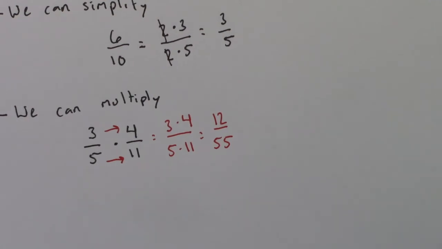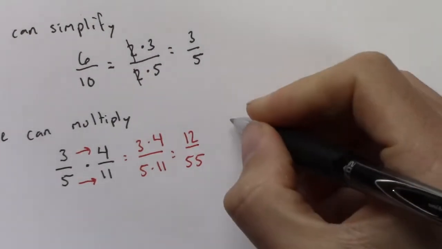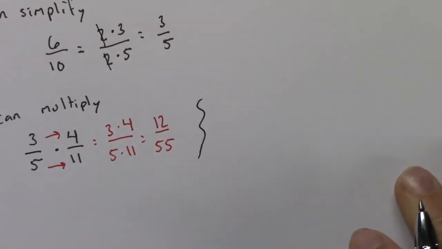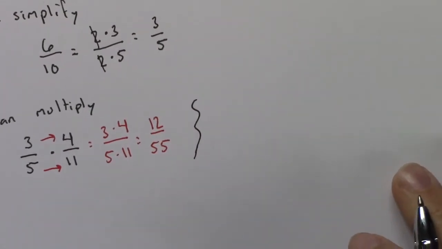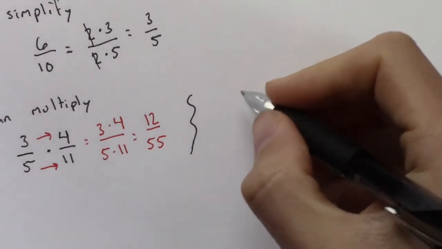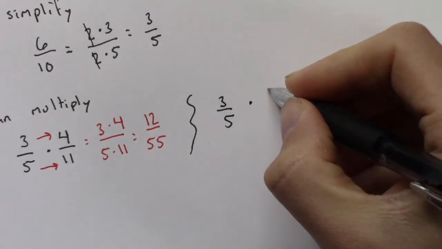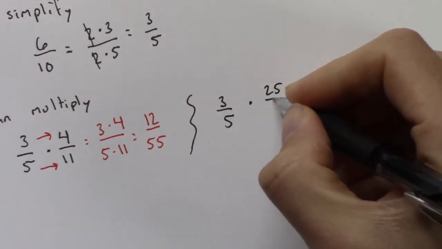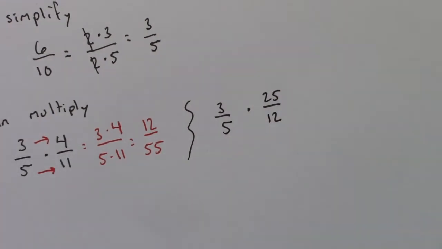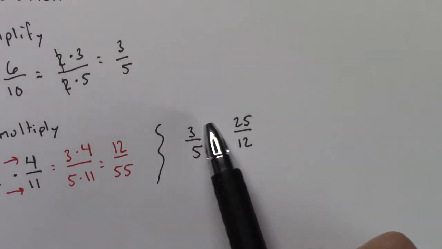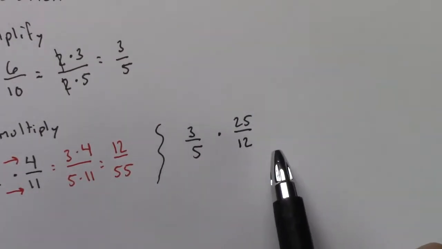In addition, I also want us to remember that we can simplify as we go. Say I gave you the same 3/5 to start with, but then I asked you to multiply by 25/12. Well, you could multiply straight across, 3 times 25 and 5 times 12.